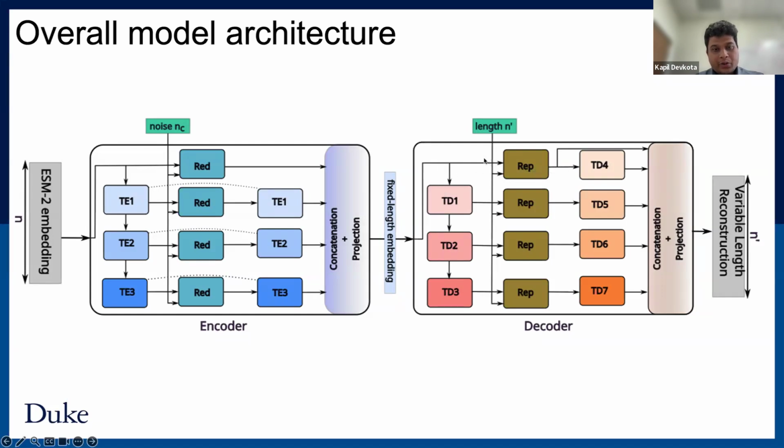A fixed length representation is converted to a variable length representation here, and we add more complexity here. We put the fixed length representation here, it will produce a variable length representation, and then we will repeat it. And then we add further complexity. We do this over multiple iterations.